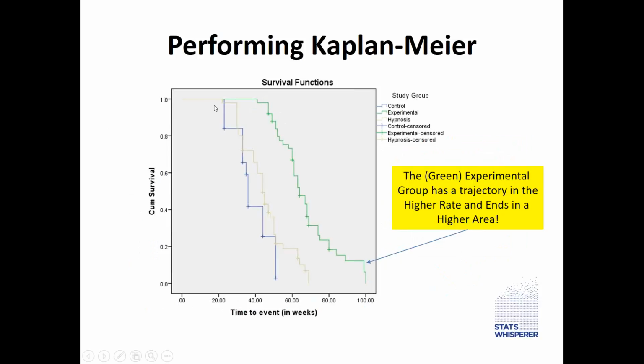The time to event starts way out here. So these people didn't start smoking again till further along in the study, as opposed to the other 2 groups, such as the blue control group, where the smoking started right here, at about 30 weeks, and then just progressed on through all the way here. And then you see the cumulative survival total up here.